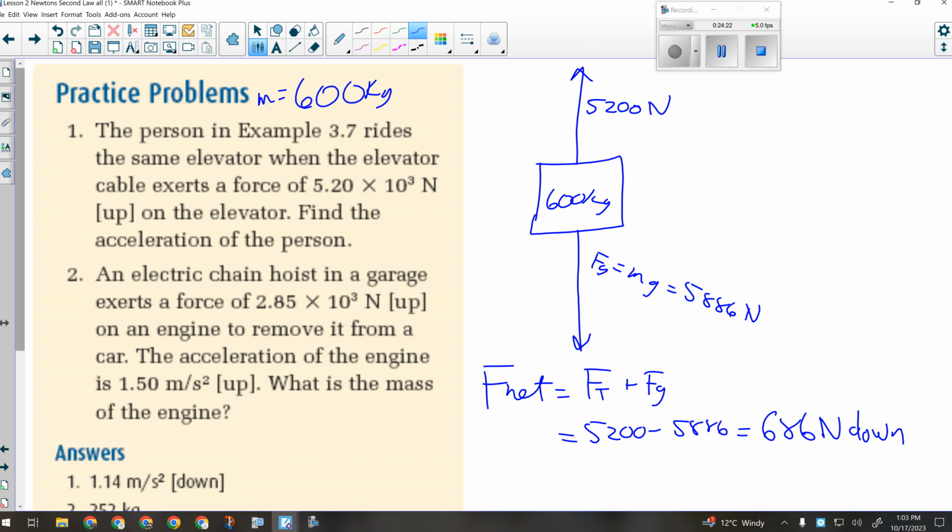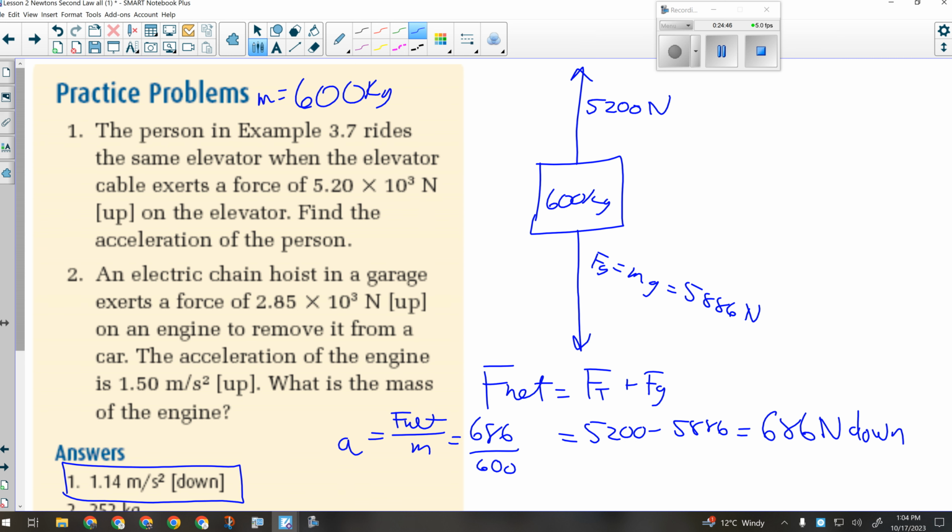Now that I know the net force, acceleration can be calculated using F net equals m times a, so I manipulate for a. That'll be 686 divided by 600, which should give us our 1.14 meters per second squared down. Everybody all right with that?